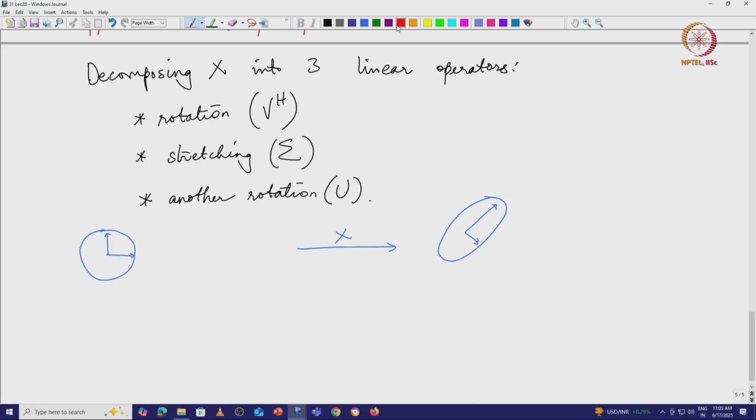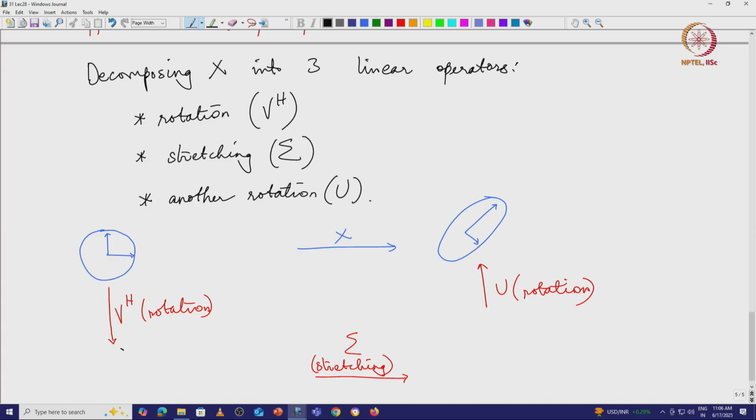So, what we are now saying is that this is a combination of 3 operations: V Hermitian, which is rotation, and then there is stretching, which is sigma, and then we need to do another rotation. So, essentially this could look something like this.